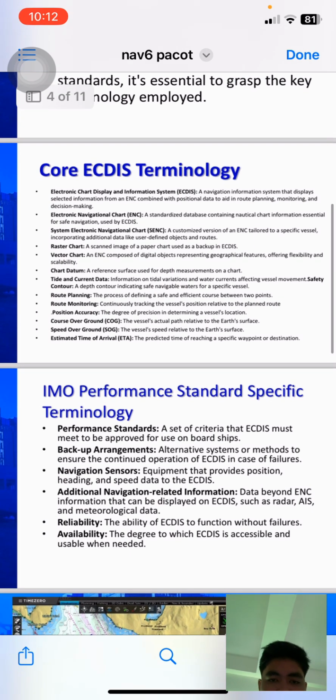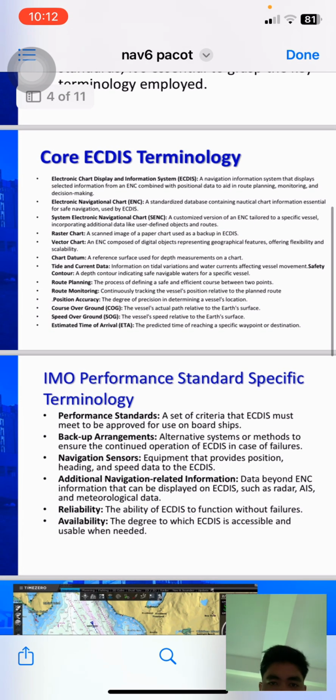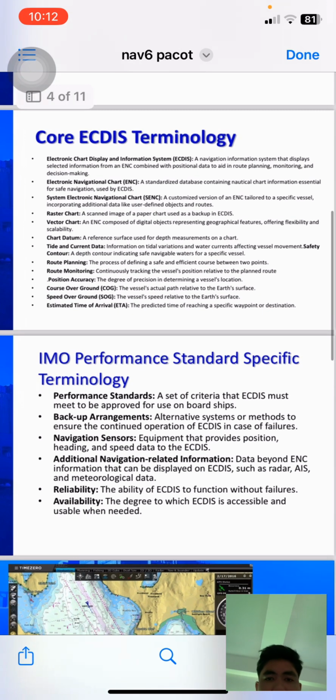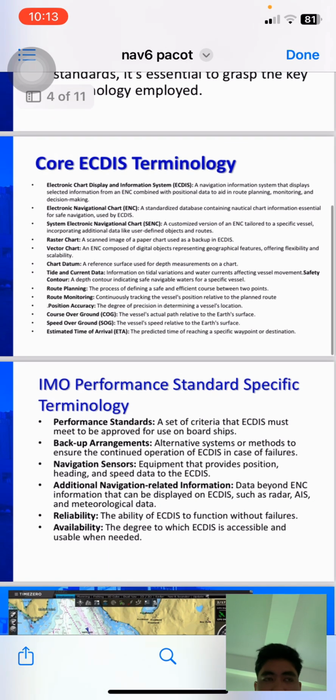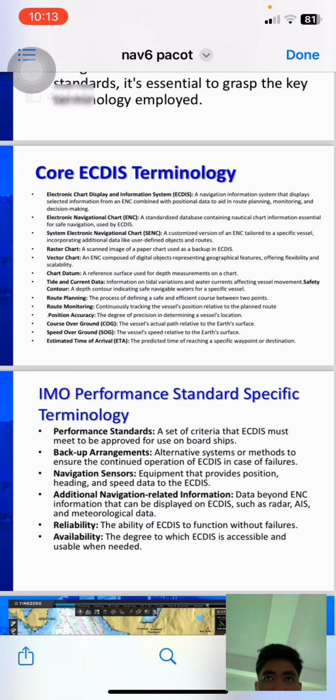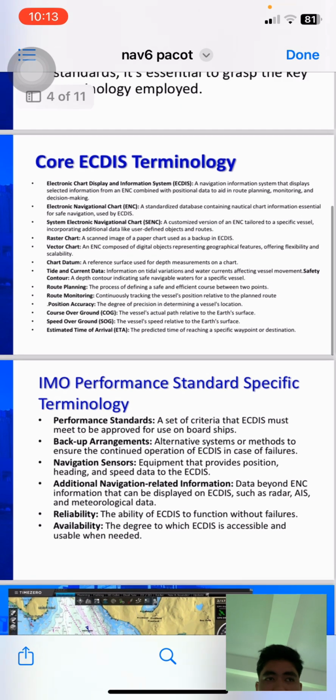We have vector chart, chart datum, tide and current data, route planning, route monitoring, position accuracy, COG, SOG, and ETA. These are the core ECDIS terminology that we see on the ECDIS instrument.